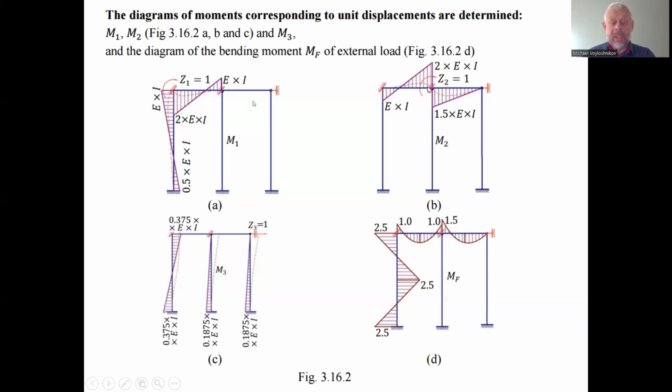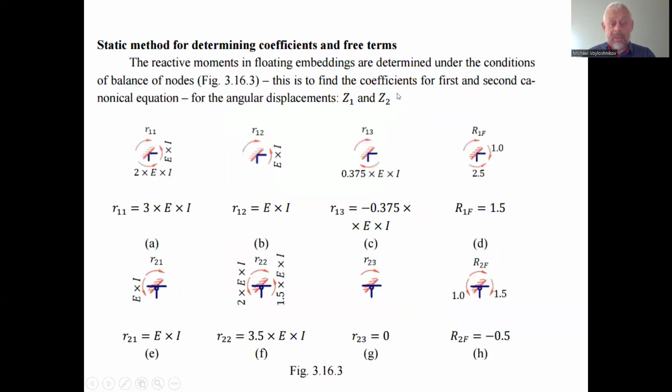This diagram we got using the standard diagrams for single span two supported beams. And due to the balance equation of the node, for this second diagram, we have the moment in the first support under the action of the unit displacement in the second support.